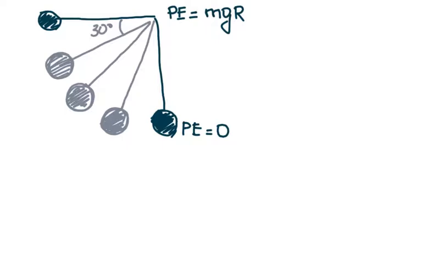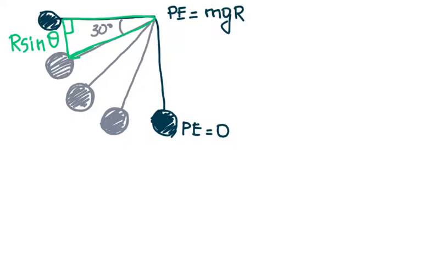So if I look at the first one, where I have 30 degrees, then I'm going to look at this triangle right here. I have this triangle, and this is the right angle. Then this is L, or R, let's keep it R. So this is R sine theta.